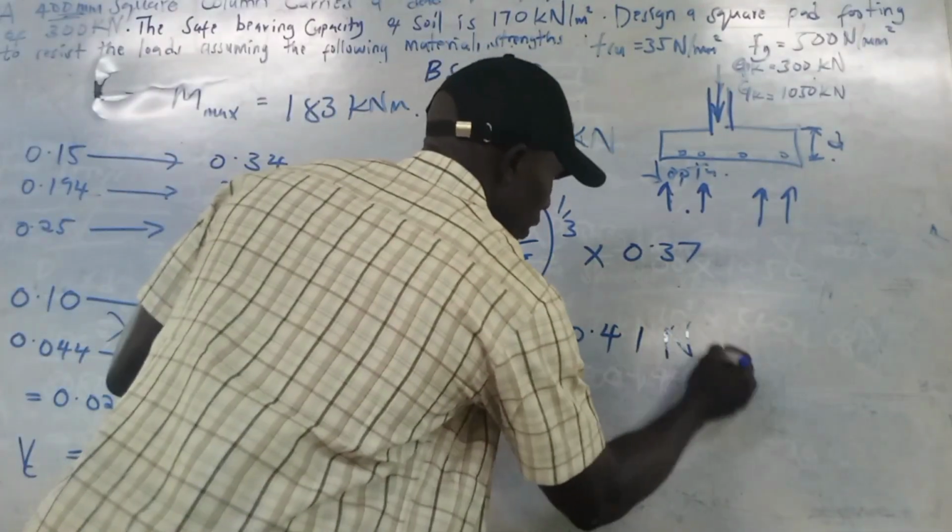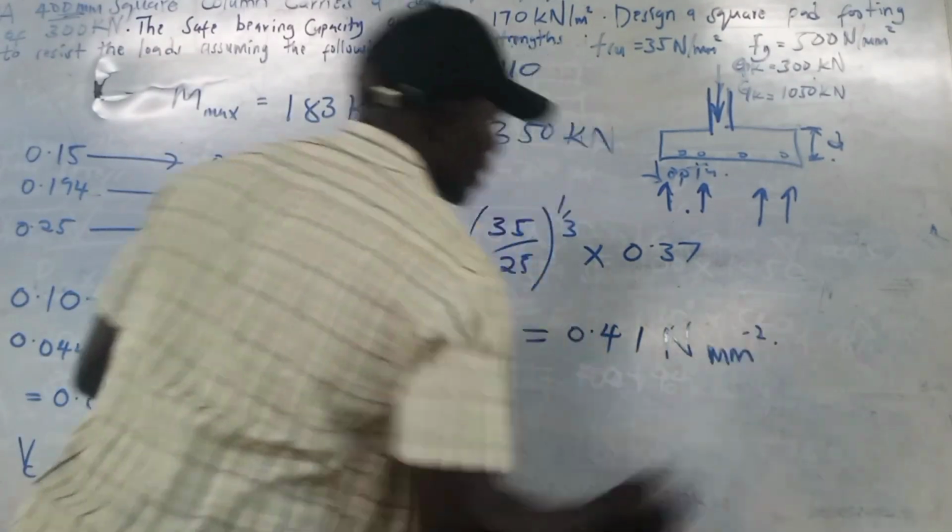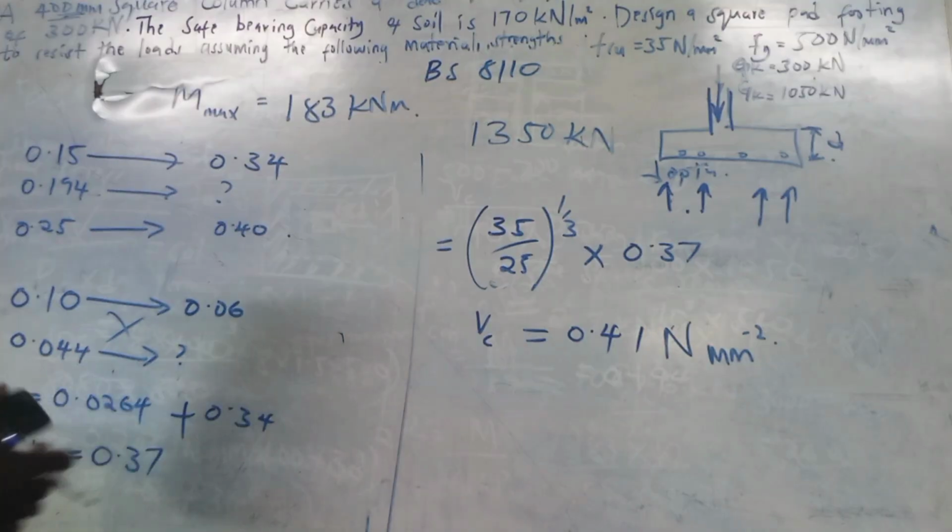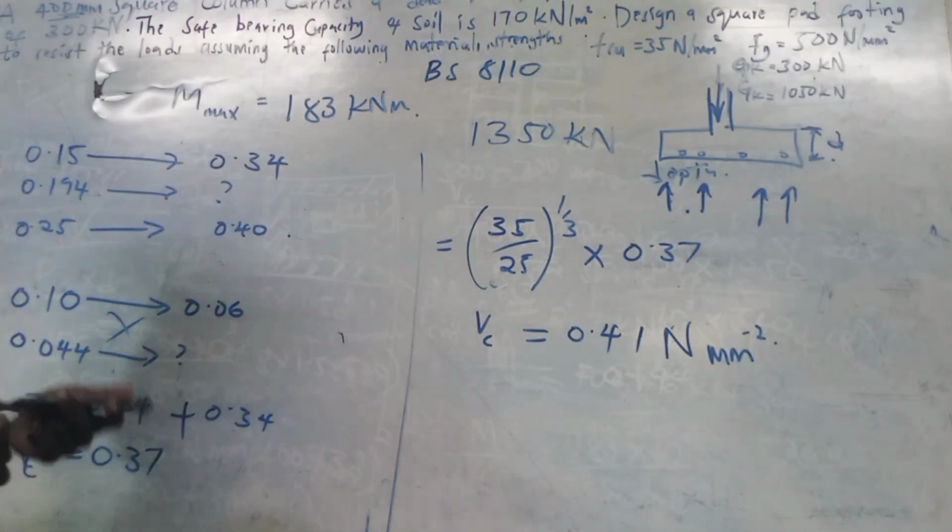So the units are in Newton per millimeter square. So by inspection, what do you realize?